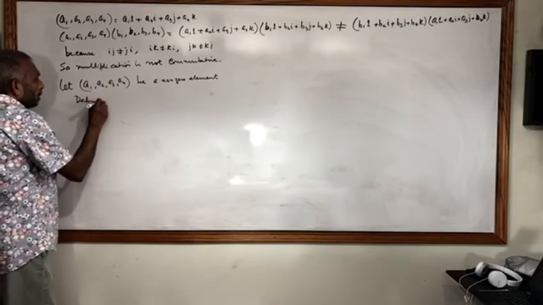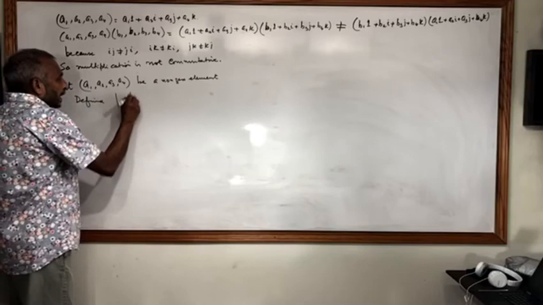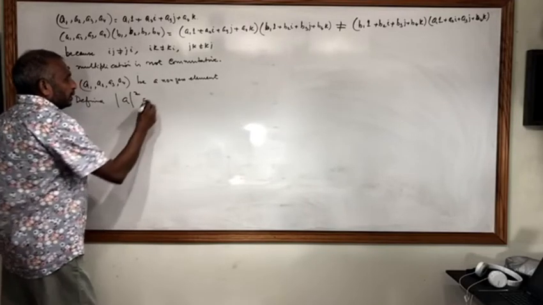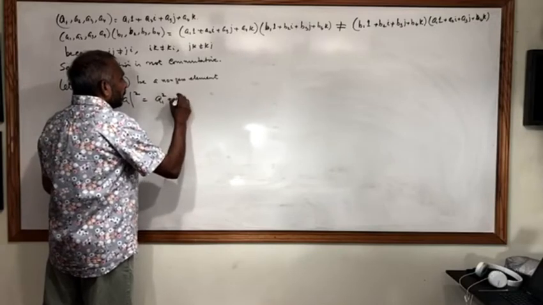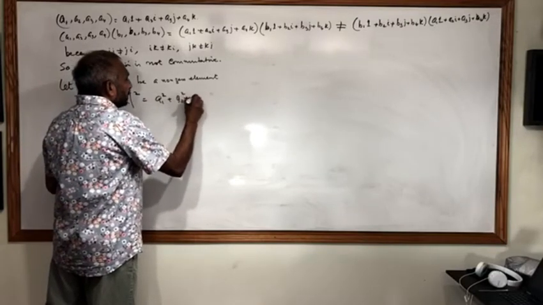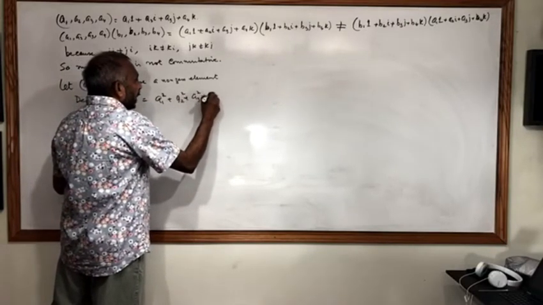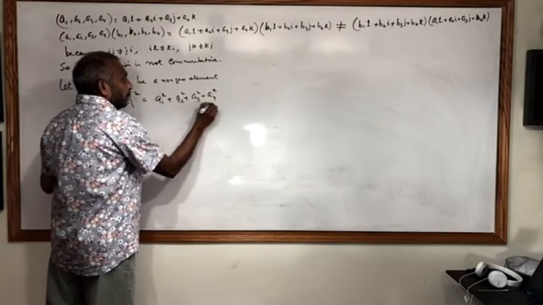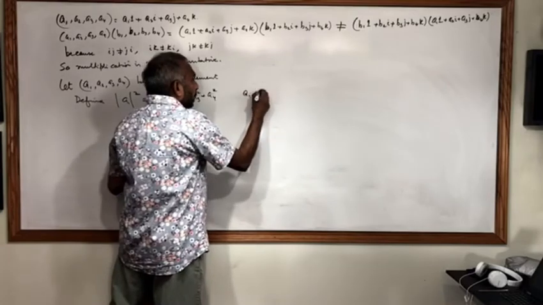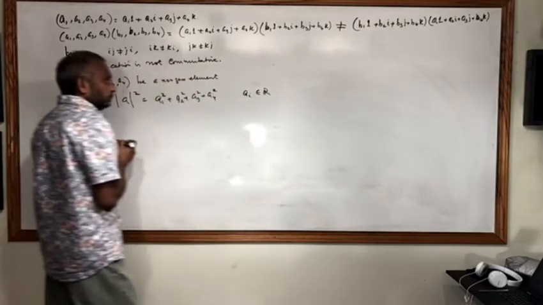Define A squared is equal to a1 squared plus a2 squared plus a3 squared plus a4 squared. This is possible because these are all real numbers, where ai belongs to R.